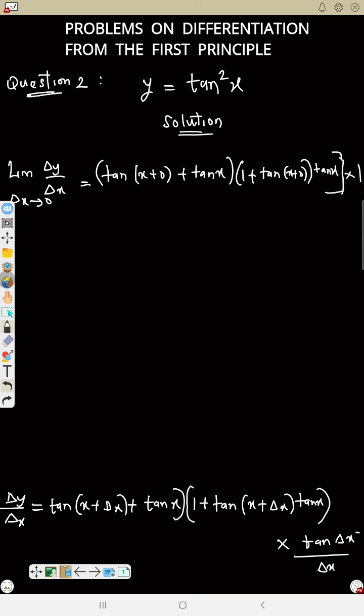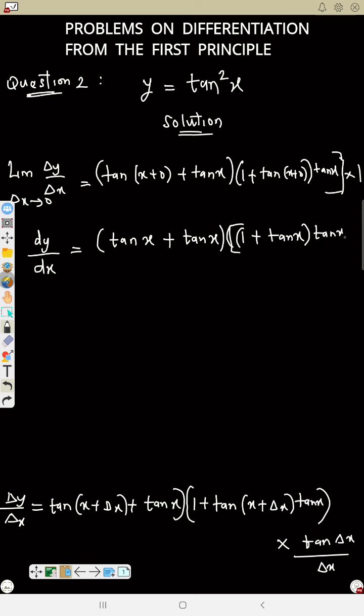Times 1, because all this one is 1 if you limit. So now the remaining thing, after you limit, to change the dy over ds, it now becomes tan s plus tan s, brackets, 1 plus tan s tan s.